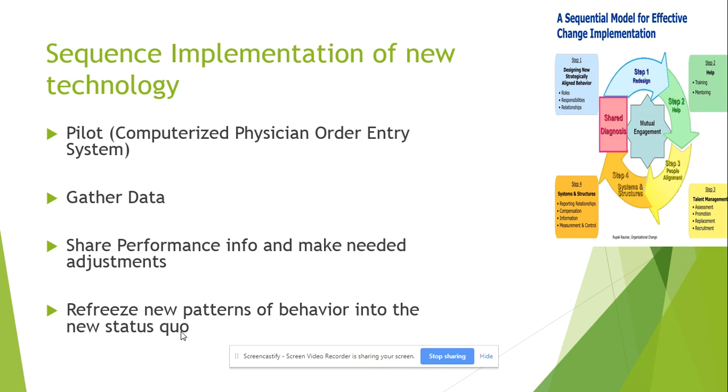Once you have achieved these and made the needed adjustments and the people are on board, we can go back to Lewin's theory model, where his last stage refers to the refreezing of the new patterns of behaviors into the new status quo.